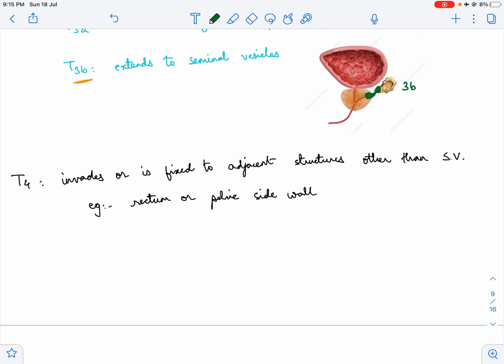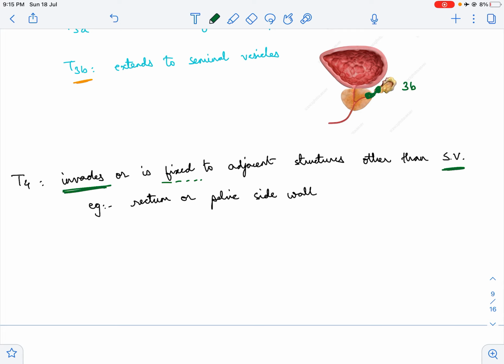T4 means it invades, look carefully, it invades or it is fixed to the adjacent structures other than the seminal vesicles. For example, the rectum or the pelvic side wall. Now, the rectum is surrounded by fascia which is extremely thick and tenacious.